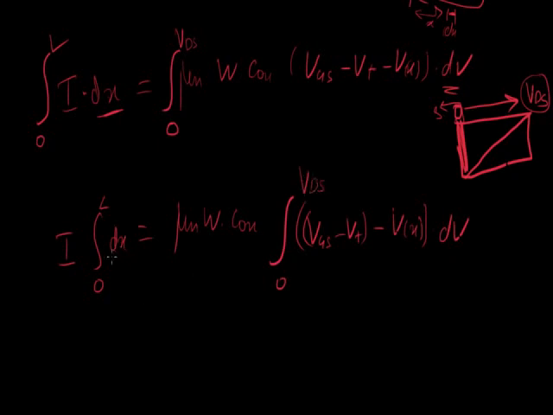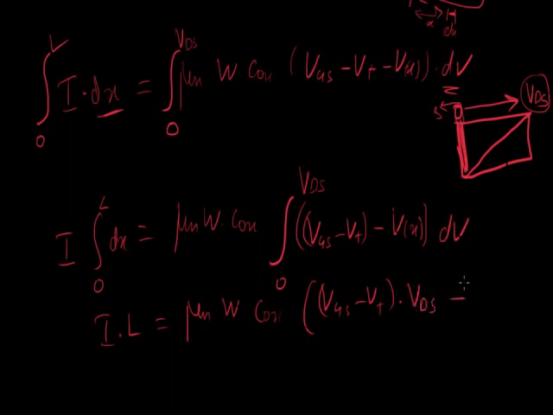The integration of dx is x, from 0 to L gives you L. I times L equals mu n W Cox. What do you get here? You get VGS minus VT times VDS minus VDS squared times half. That's your basic integration.